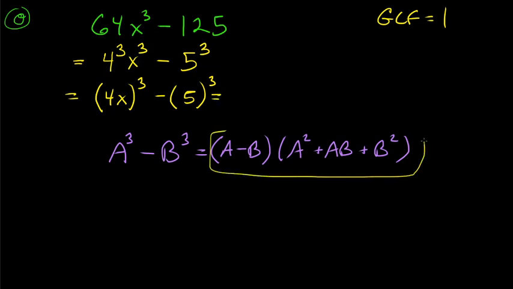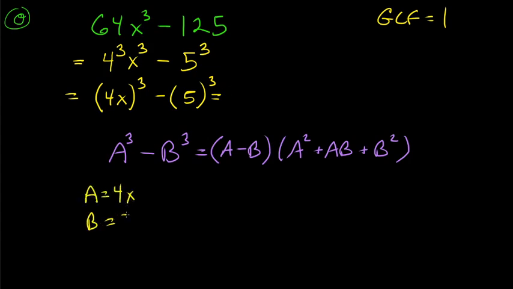This is the only way you're going to be able to do this. The other way is by doing division, but most people find that more confusing. So I would make sure you know this. In this case, the capital A here is just 4x, and the capital B is 5. So a minus b is 4x minus 5.